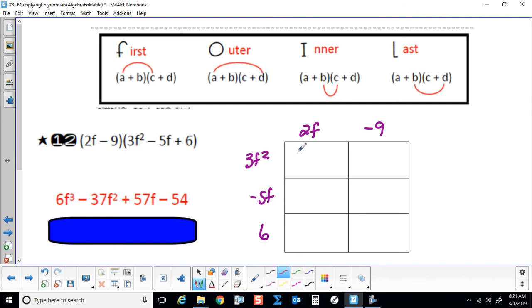So I have 6f to the third. Then I'm going to have a negative 10f squared. Then I'm going to have a different color, 12f. Here I have a positive 45f.